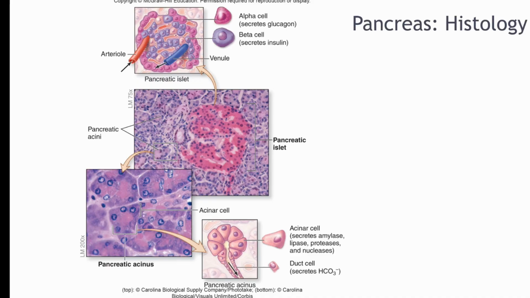The part that goes into the bile duct goes through what is called the pancreatic acini. The acini are the ones that secrete the pancreatic enzymes, like your amylase, your lipase, your proteases. So they are called exocrine glands, whereas the islet is the endocrine gland.